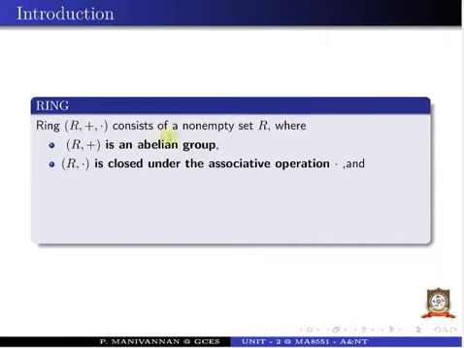R, plus, dot is a ring when R plus is an abelian group, and R, dot is closed under an associative operation. That means R, dot is a semigroup. The first condition is closure, the second condition is associative. If the first two conditions are satisfied, then it is called a semigroup.